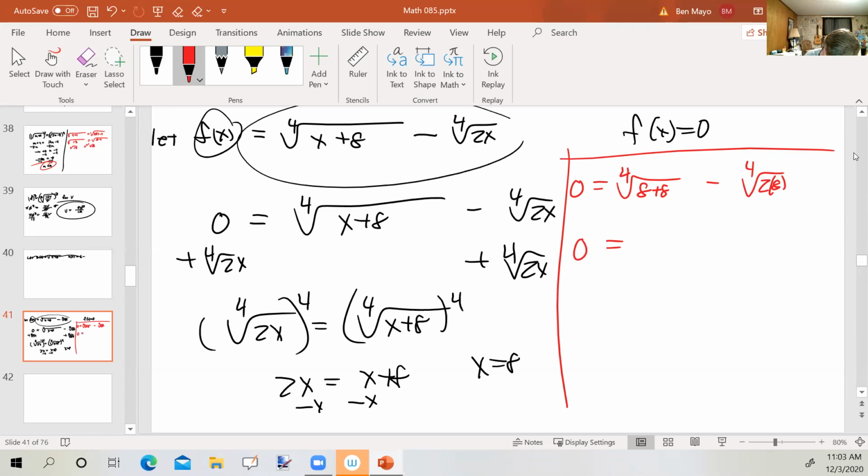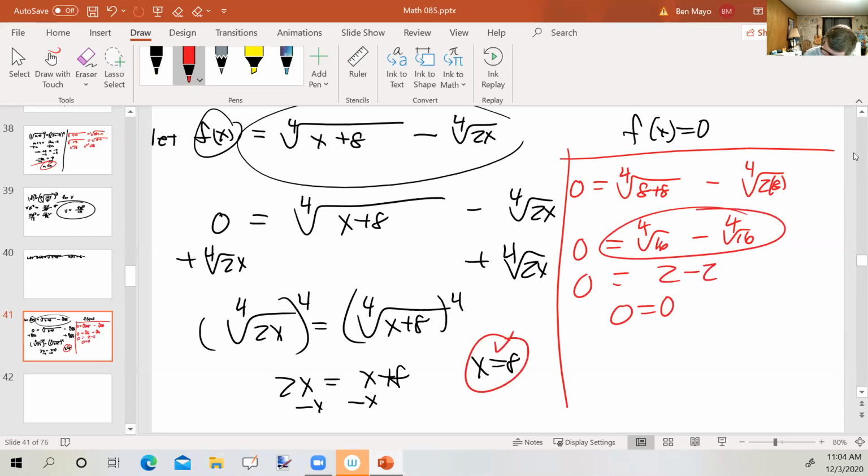That should be the fourth root of 16 minus the fourth root of 16. Well, what is the fourth root of 16? 2, 4, 6, 8. Oh, that's 2. And even without simplifying this, they're the same radical. So 1 minus the same thing would be 0. So one of them minus one of them is what I'm saying.